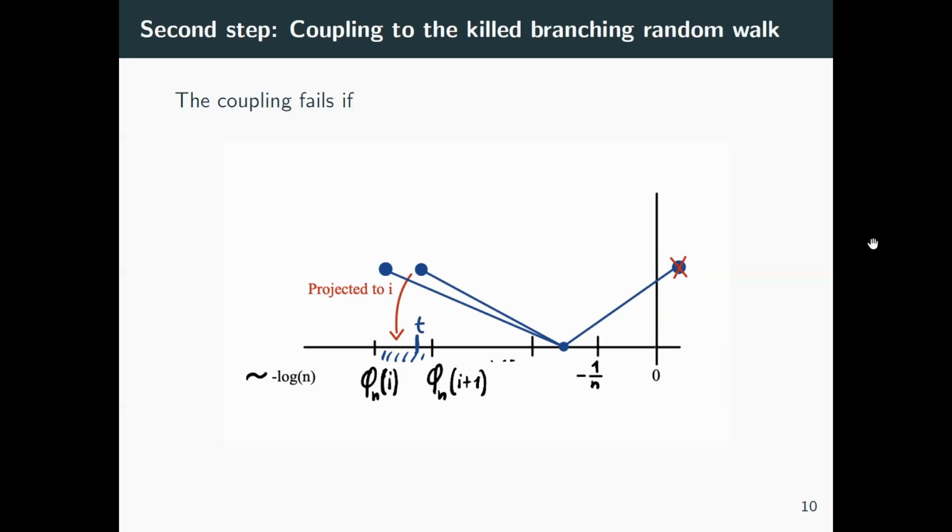And I just want to say in words why this works. There are two effects which are taking place. I want that this coupling works with high probability, so it should work when I send n to infinity. What I actually have to do if I want to calculate this is, the number of particles which will be projected to a certain region is just the Poisson number of points which lands in the interval.